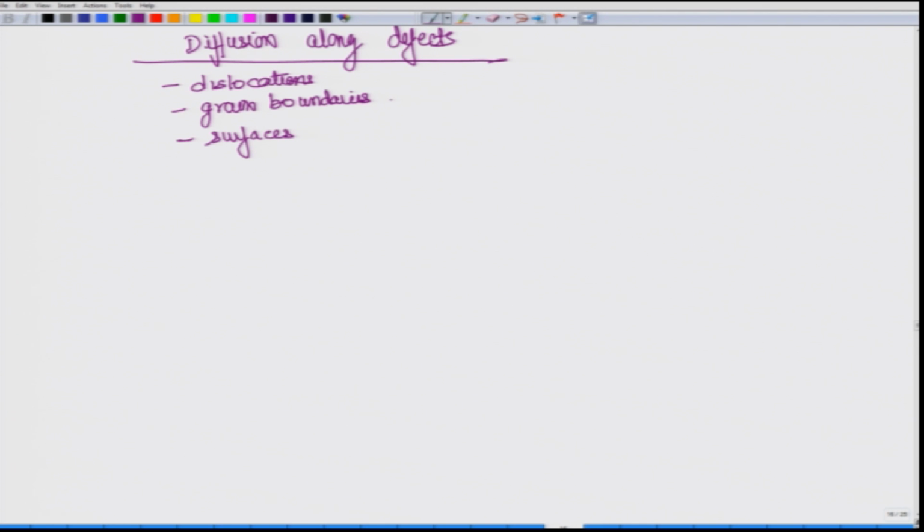And if you look at the general form of the equation, you will not be able to differentiate. You would see that this relation is still the same.